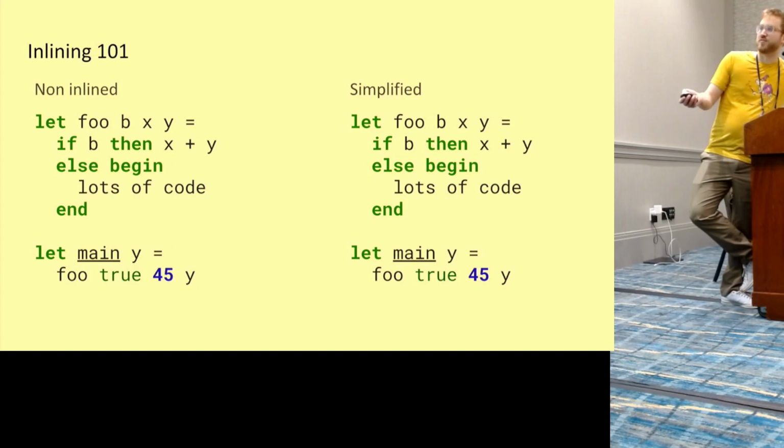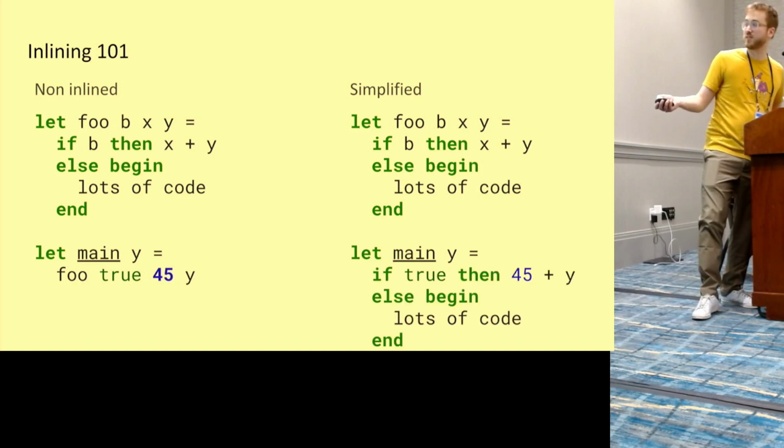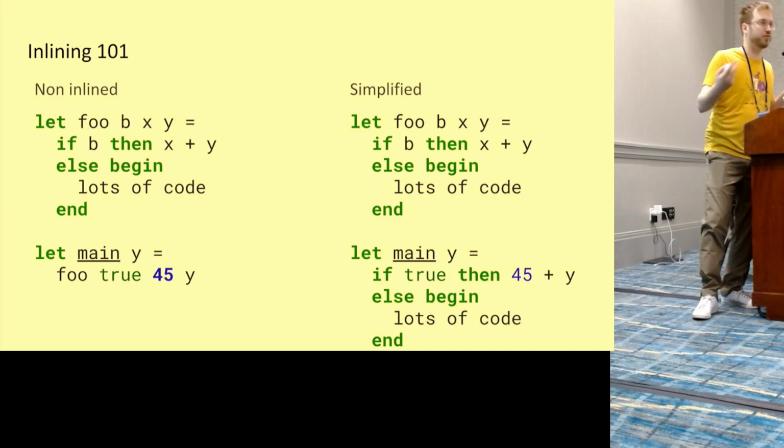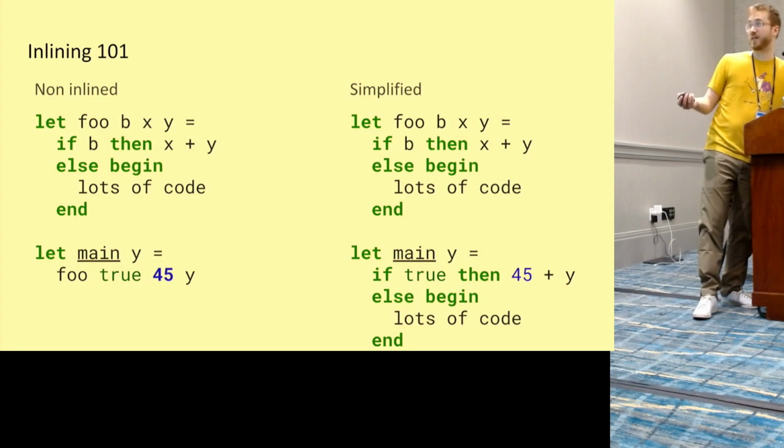So we define a function foo, and we call foo, but when we call it, we have information about the arguments. Inlining in the regular sense of the term is when you take this call, take the body of the function you want to call, and replace the call with it. So you don't branch somewhere in the code, but you increase the binary size.